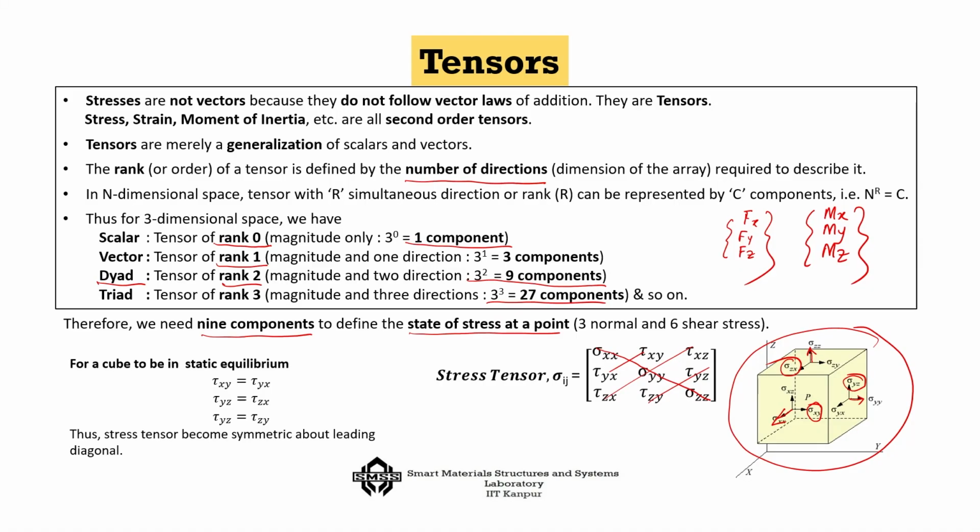Then you need not only i j k l, but all of them together. So, all i j k l's together, and that would become 3 to the power 4, which is 81 components for stress to strain. In fact, for any generalized stress strain relationship in Hooke's law, you will need 81 components to define the relationship between stress and strain.